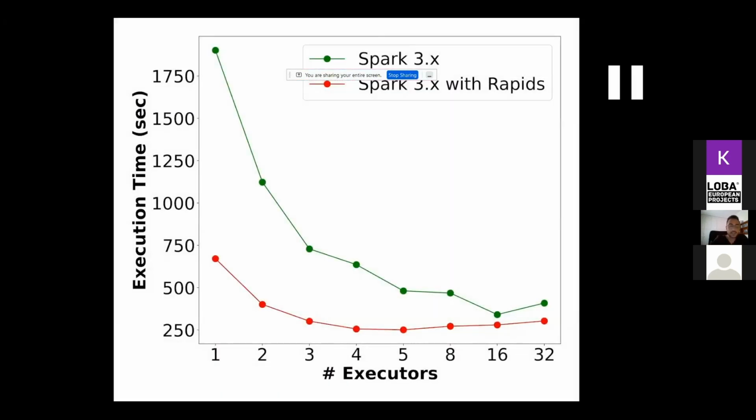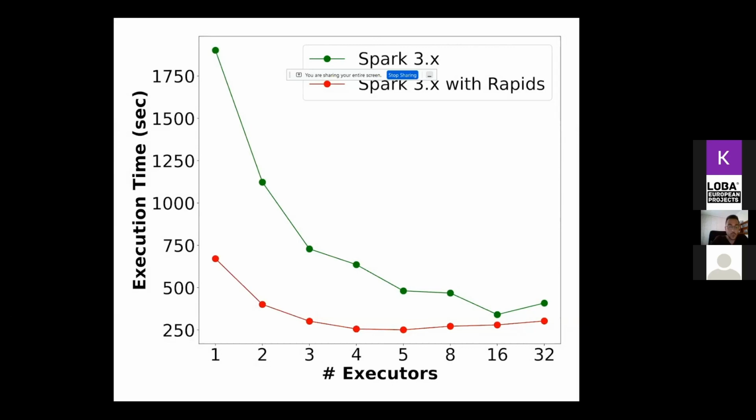As Konstantina mentioned, we executed an experiment where we increased the number of executors for CPU-only and CPU with GPU execution and measured the overall execution time of the aforementioned code. As the figure depicts, Spark 3 with the Rapids plugin leads to smaller execution time for all the examined executors.